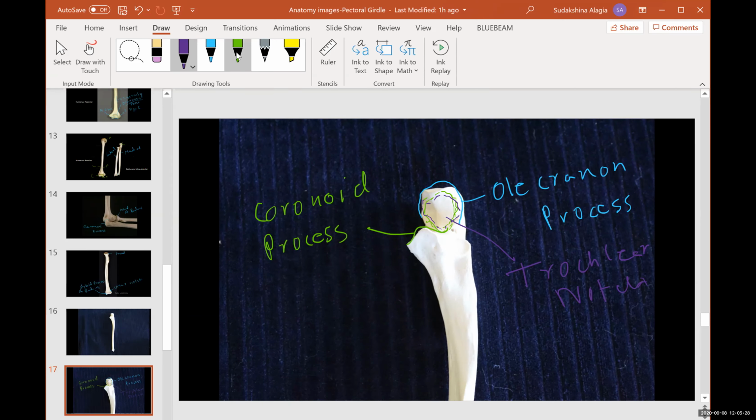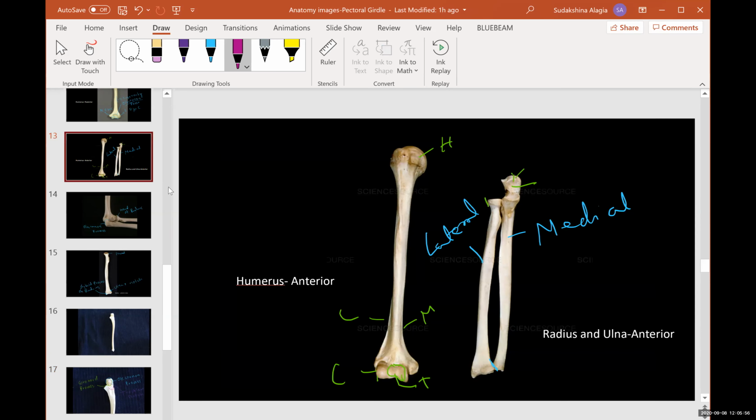Let me use a different color here. Pink is good. On the medial aspect of the trochlear notch, meaning slightly below, slightly toward the interior, there is a different notch right there. See that?